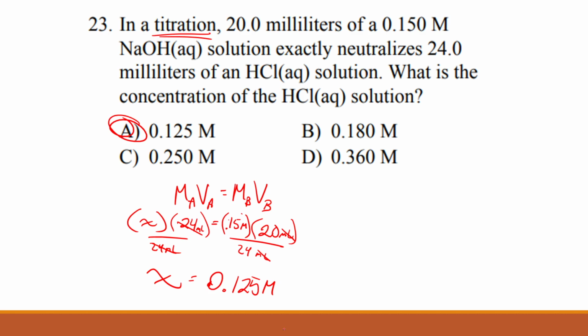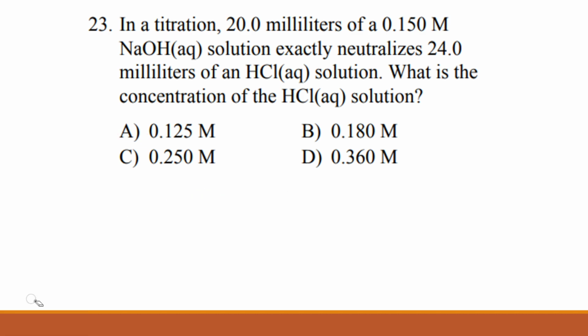Right, so remember that if they're giving you actual chemicals here, you have 2 pieces of the reference table that can help you out, on top of the fact that they're telling you it's a titration. The identity of these chemicals does matter.